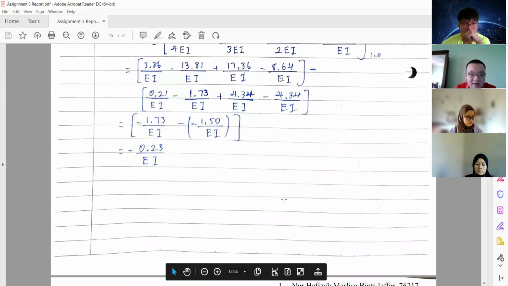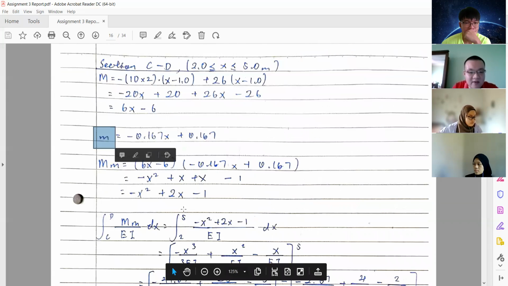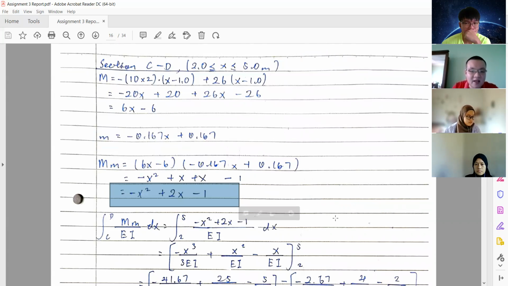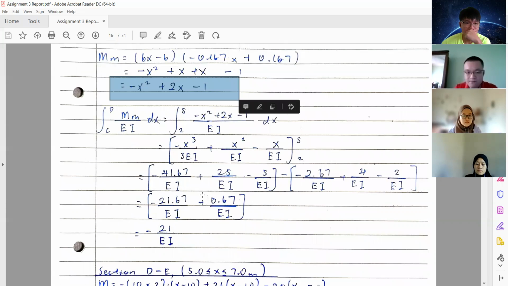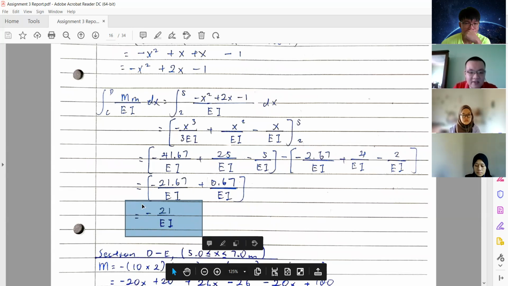Then we proceed to the next section, which is section C to D. Same thing, by finding the moments for the real and the virtual cases, and then finding the integration.